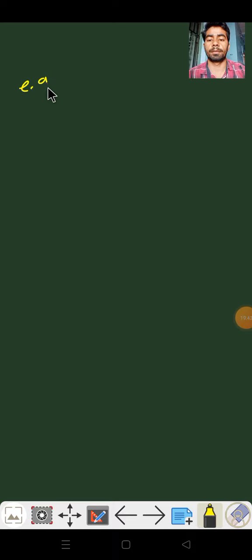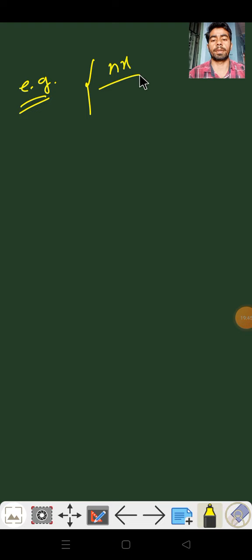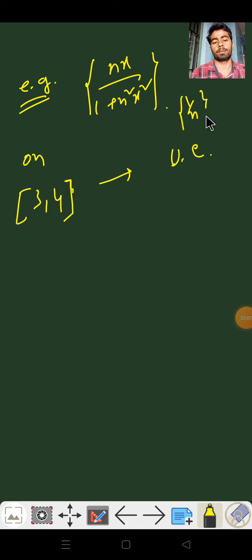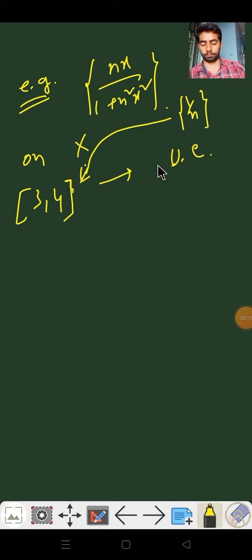For example, for the sequence of functions nx divided by 1 plus n square x square on closed interval 3, 4, it is UC, because infinitely many terms of the sequence 1 by n are not allowed in this interval. That's why it is UC.